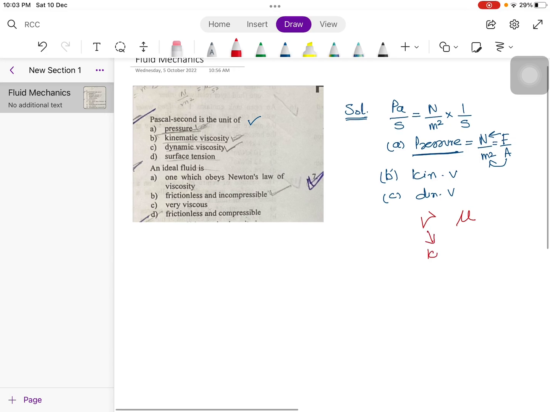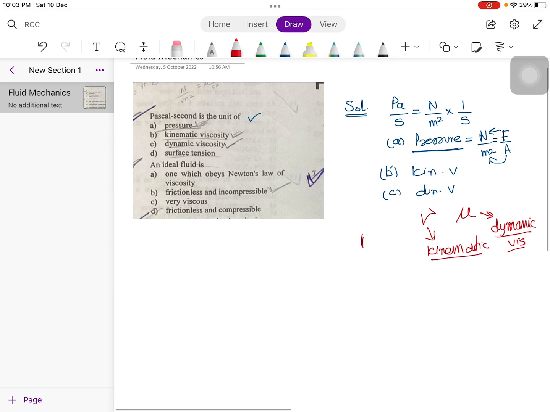This is kinematic viscosity and this is dynamic viscosity. Now, one of these viscosities have the unit of Pascal second.